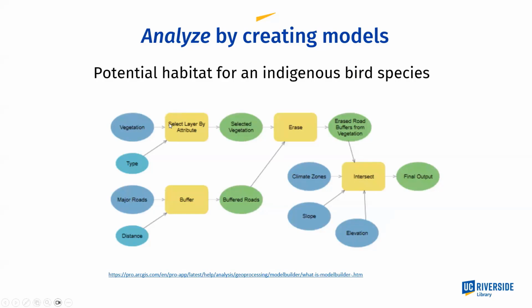So in this case, this is showing you the inputs and the tools that might have been used to assess potential habitat for an indigenous bird species. So models can be relatively simple or very complex, but it's not always about just doing 1 or 2 processes on a particular layer of data to get the results that you want.